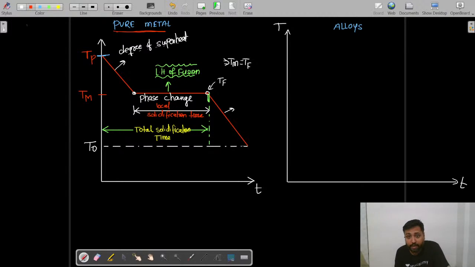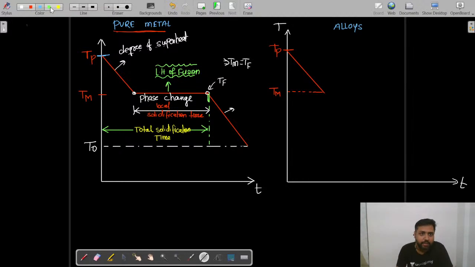Now, if you look at alloy, again, let us say this temperature is the pouring temperature. The temperature will reduce from pouring temperature to a certain temperature. Let us say this is the melting temperature. And now phase change will begin.